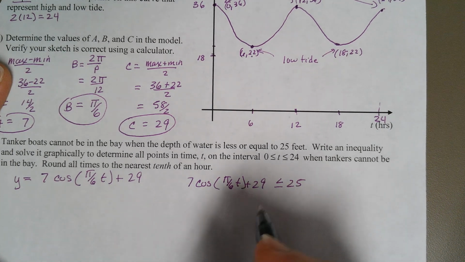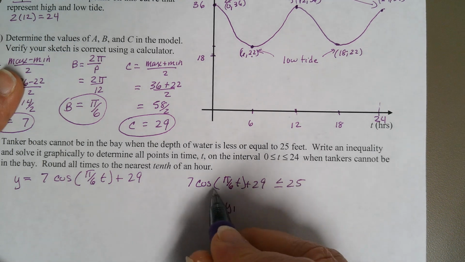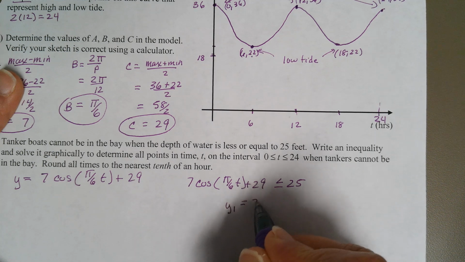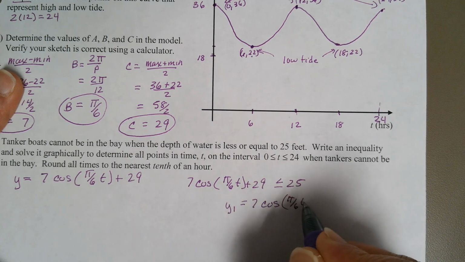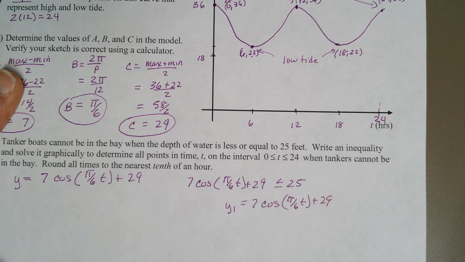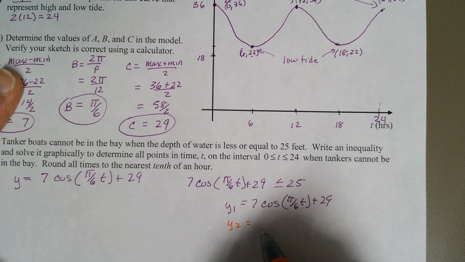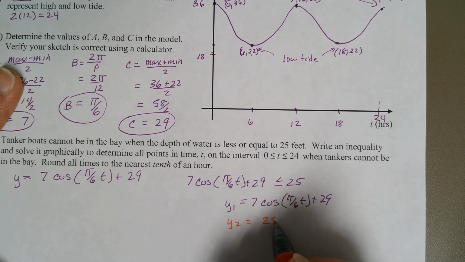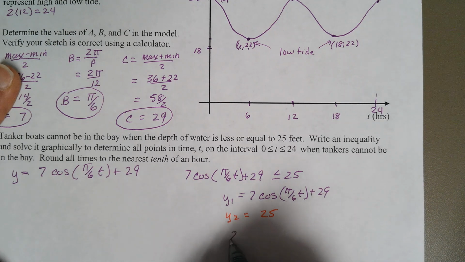So using the calculator, in y1 we will put the left hand side, 7 cosine pi over 6 t plus 29, and in y2, this is where it's helpful to have a different colored pencil, we'll put in 25, and then we will second trace and find the intersect.